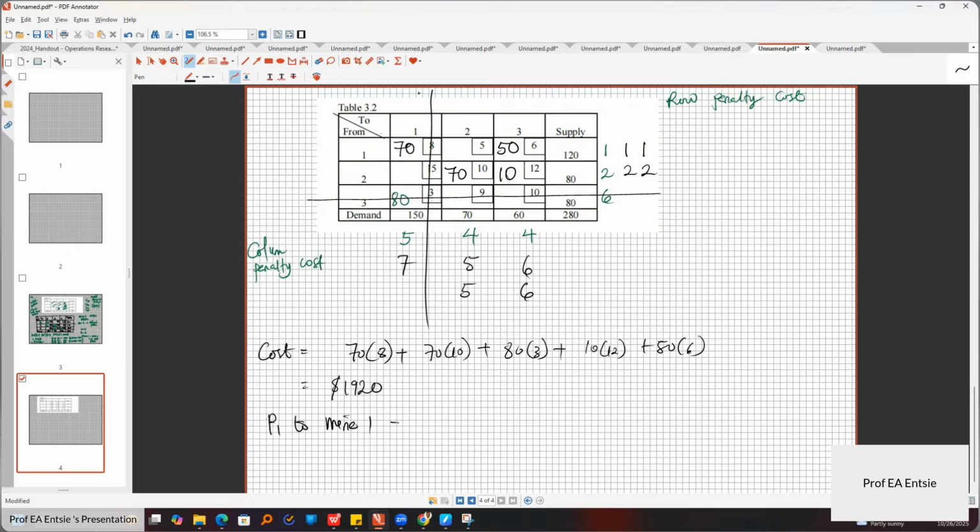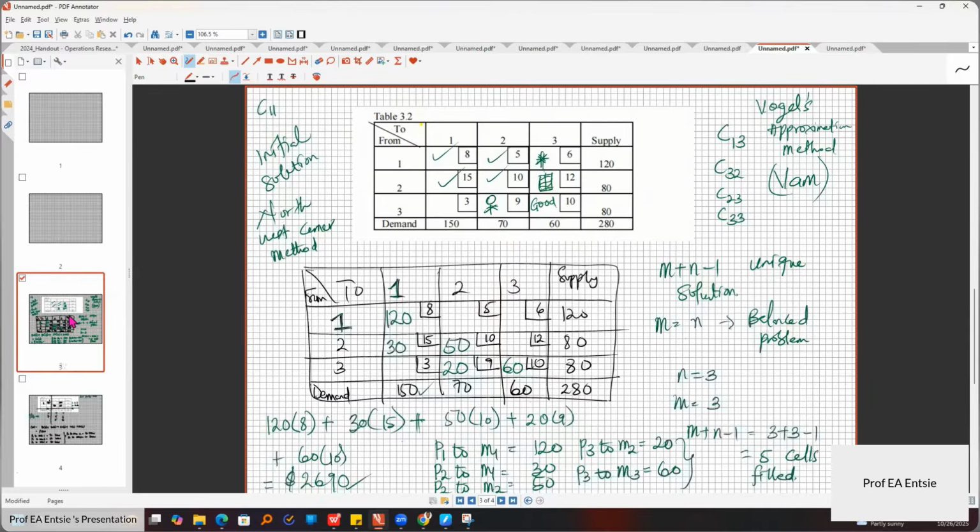So, ladies and gentlemen, this is the end of the VAM, the Vogel's approximation method. And what can you notice? The amount that we had for the northwest corner method was 2,690, which is a very huge cost as compared to the VAM.